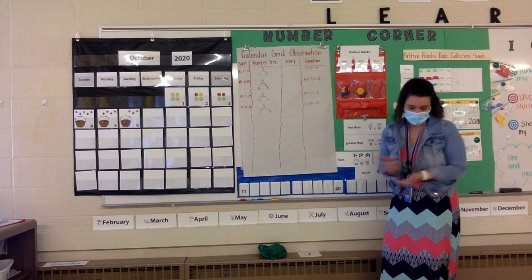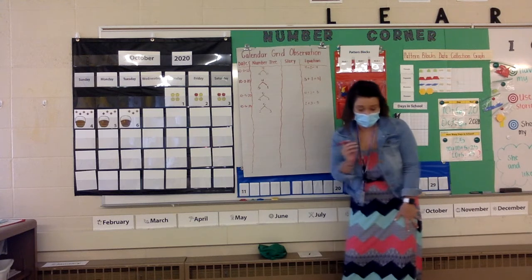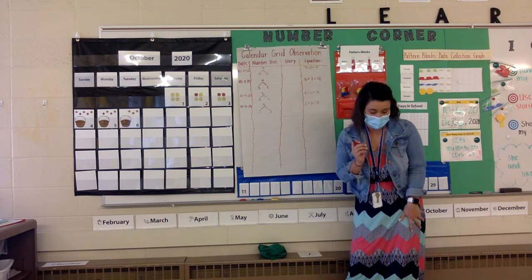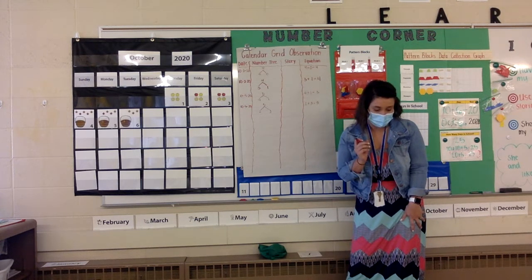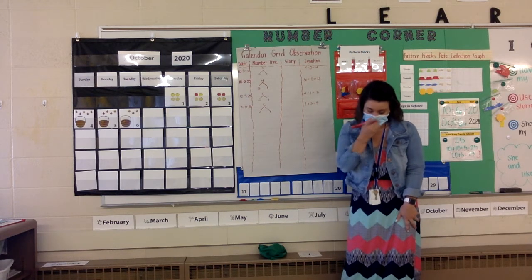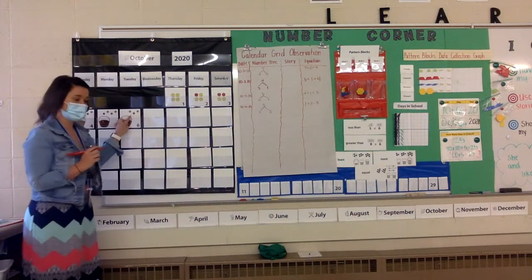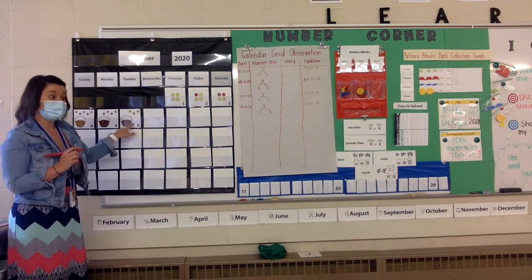You can put on there like there were 5, and then you can put there was 2 apples, and there were 3 leaves. Okay, you're close, friends. How many leaves altogether? 5.